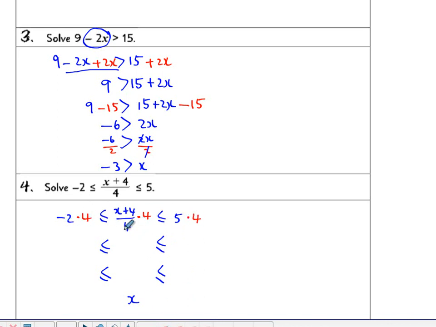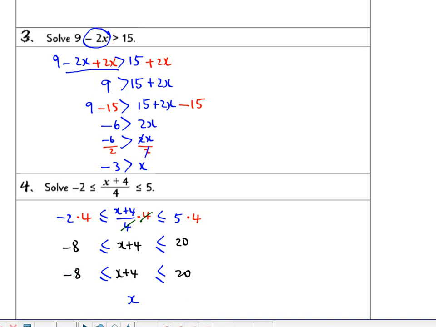If I multiply by 4 and that 4 cancels, I get x plus 4 here. I get 20 from 5 times 4. Minus 2 times 4 is minus 8. Now, what's the next thing? I want only x. I'm going to write this again.